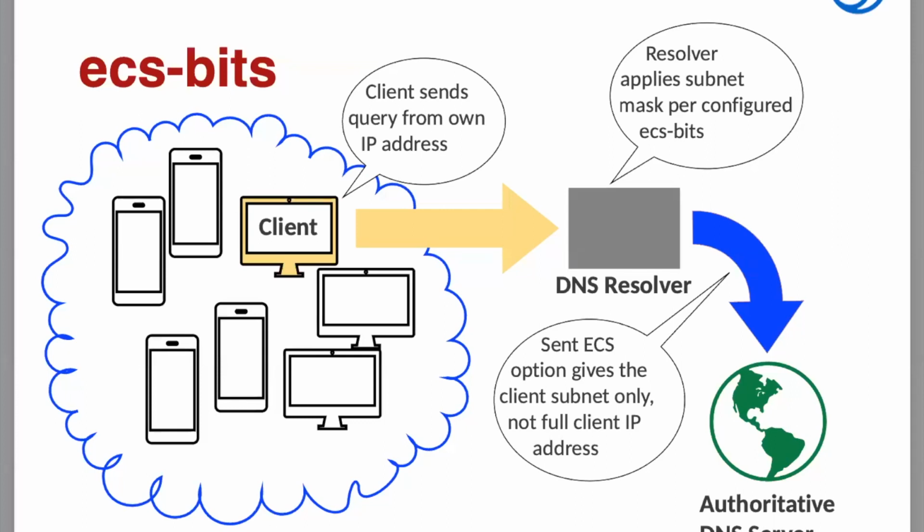And then you saw in the example as well that when the resolver is sending the query to the authoritative server, it isn't sending the client's absolute IP address. It's actually sending the client's subnet. ECS bits is the configuration for where the subnet mask is applied. So the scope, the amount of information that you want to reveal about your clients when you're querying authoritative servers.